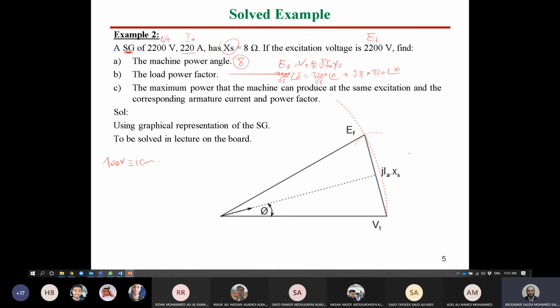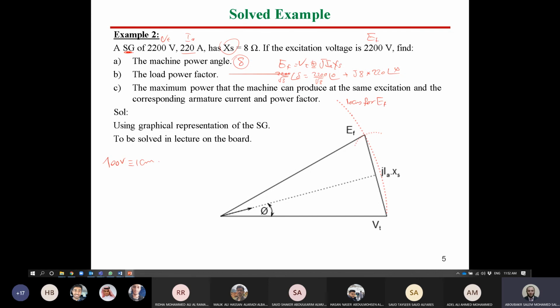And you have EF with the same value, so you can use your tools to draw the locus of EF. So this line here is considered the locus for EF. If EF has a different value, we can use the same way with a different value. Using the compass you can open it to any value you want and draw it. Here we have the same two values, so we use the same value of V terminal to draw the locus of EF.